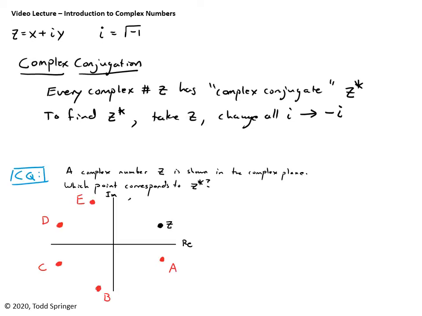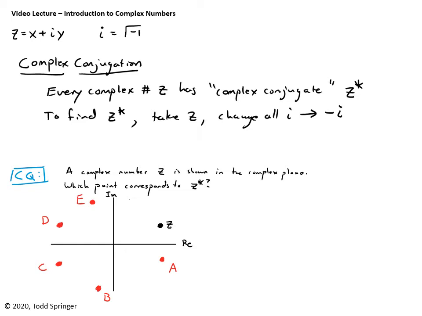So as a simple concept test here, suppose I've got a number z, which is represented by this point in the complex plane. Which of these points represents the complex conjugate z star, a, b, c, d, or e?